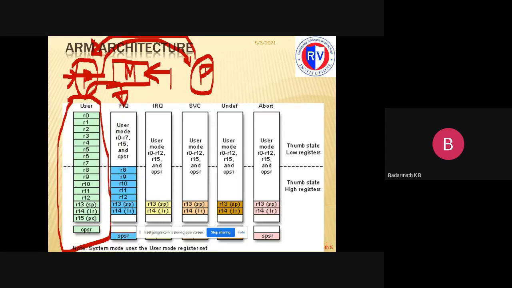So the ARM people, the designers of the architecture, thought about how to increase the efficiency or throughput and reduce this latency. They thought, let us provide another register set, R0 to R12 or so, a separate set. Physically they are different.